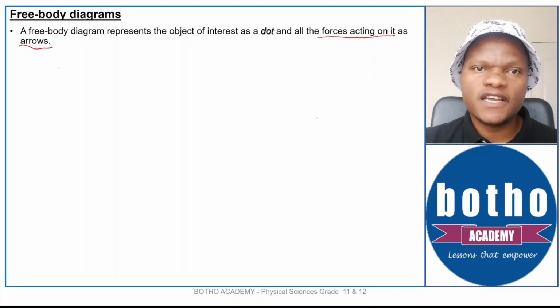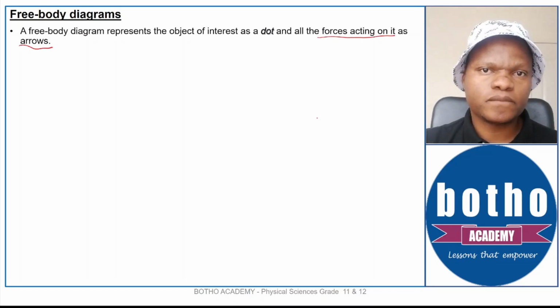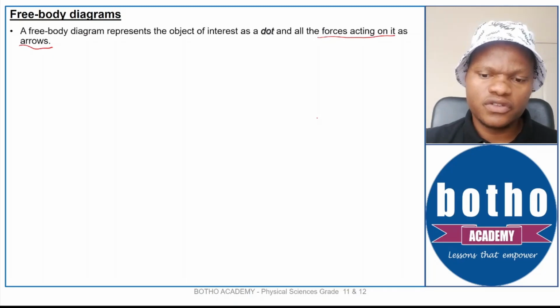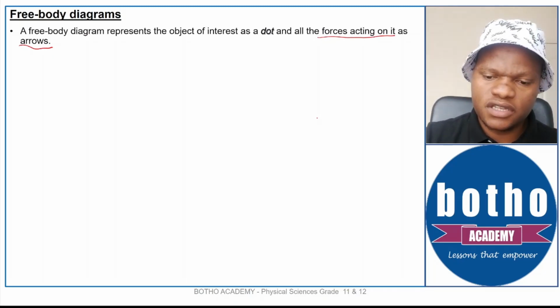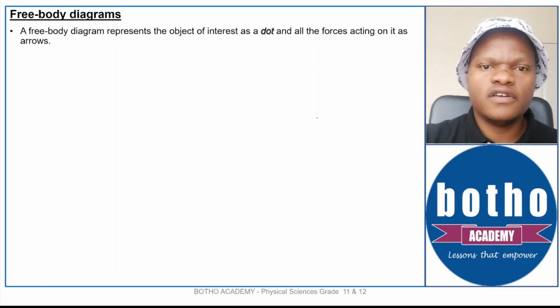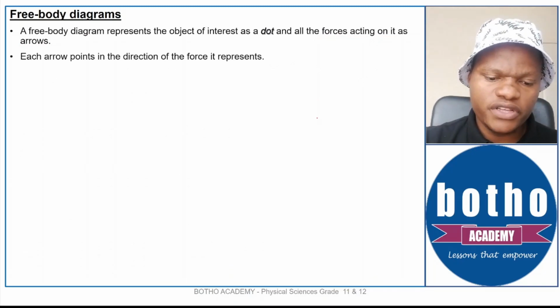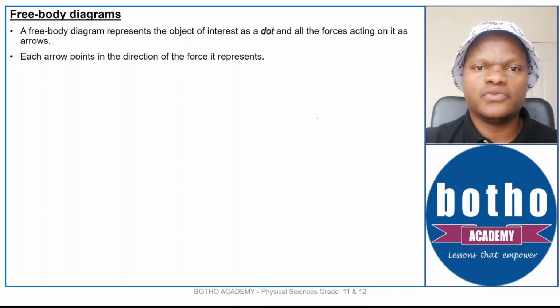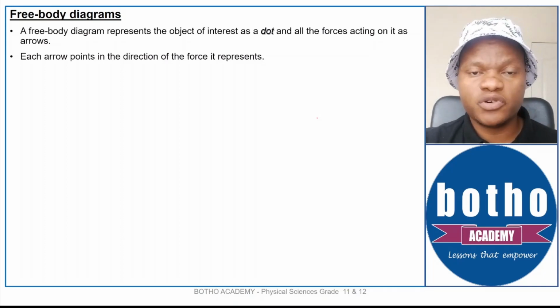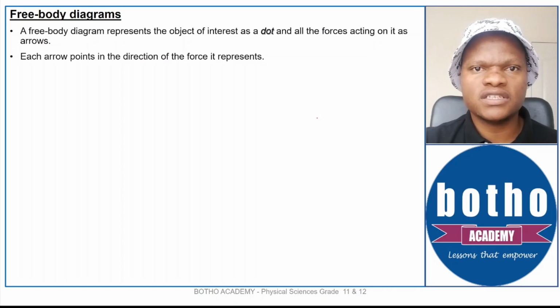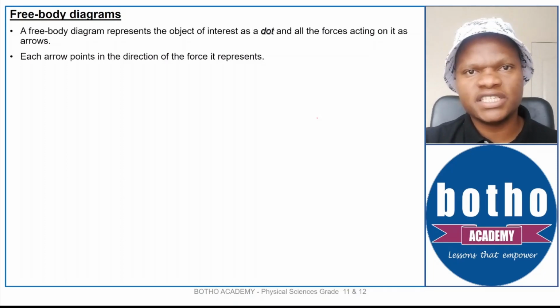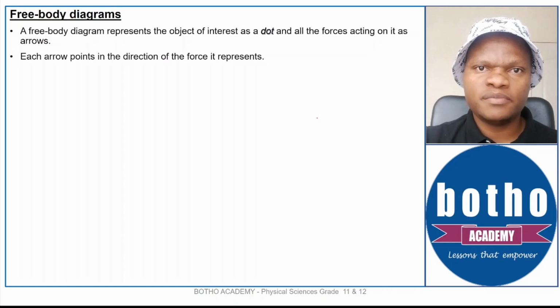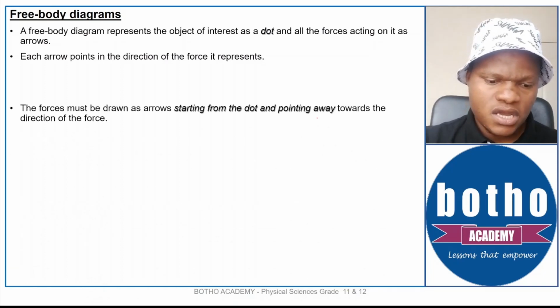So in a free body diagram, you therefore expect a dot and arrows. The dot represents the object of interest, and the arrows represent the forces. Each arrow points in the direction of the force it represents. Of course, a weight will be an arrow pointing downwards, because the weight is always downwards. If the force is applied in the right direction, the arrow must point to the right, because that is the direction of the force.